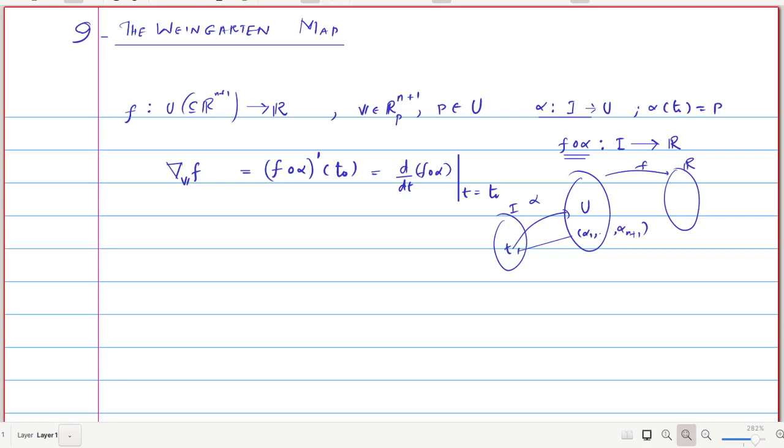So t is mapped to alpha 1 of t, alpha 2 of t, up to alpha n plus 1 of t, and f is applied on this (n+1)-tuple, giving an element of R.